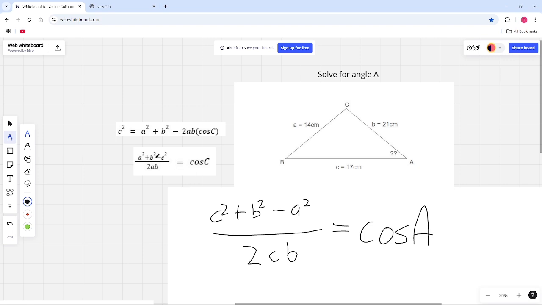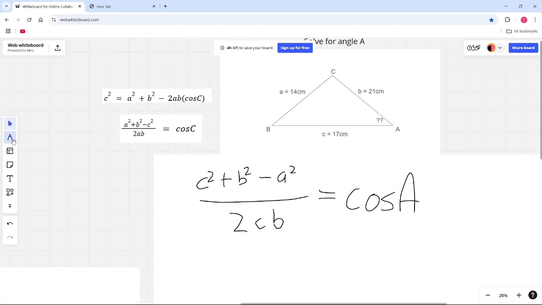Now, there is a pattern over here, as you can see. We're trying to solve for the missing angle of A. So the side A, we would simply subtract by the two sides that we do not need to solve the angles for.